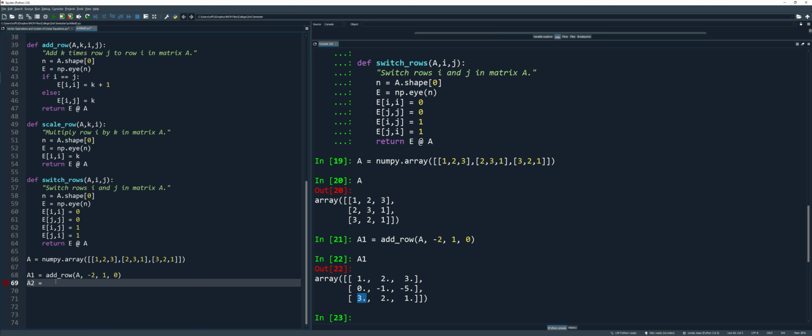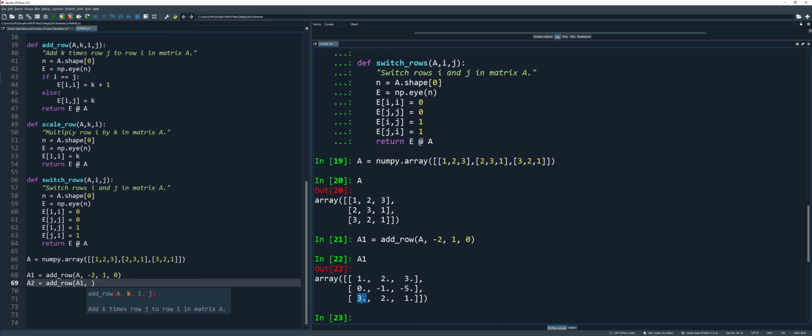So let's change this one to 0 using the elementary row operation. So I will now create another matrix. I will still use the add row function. Now, instead of using the matrix A, I have to use matrix A1 because A1 is the updated version of matrix A. So I'll use A1.